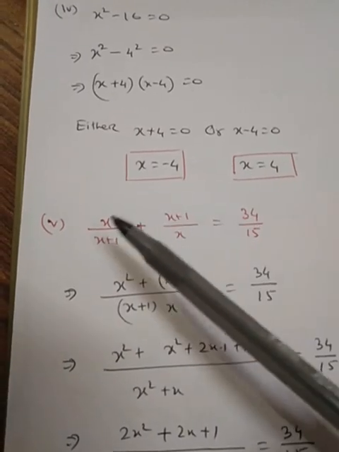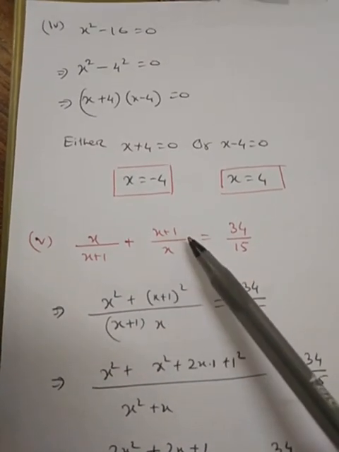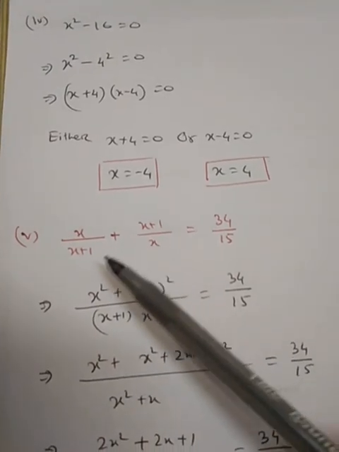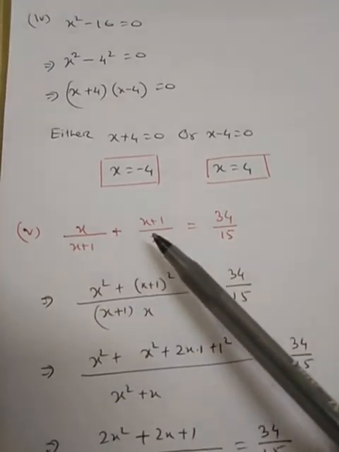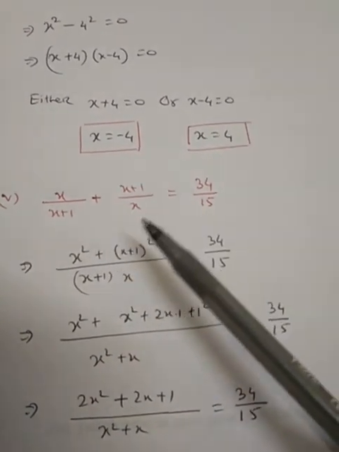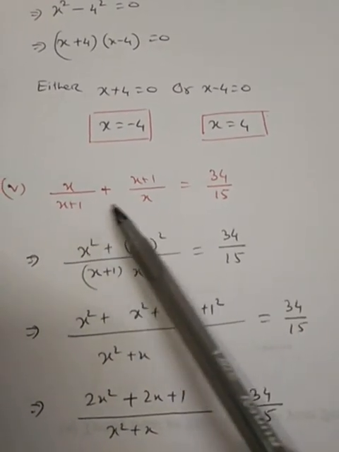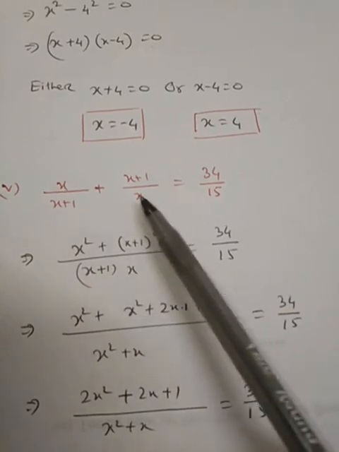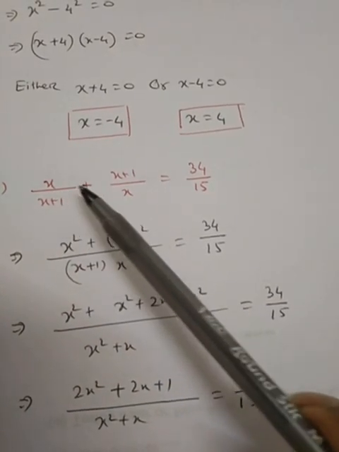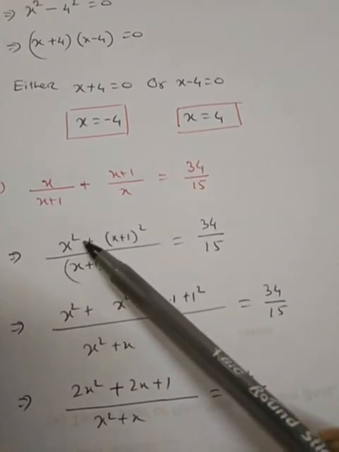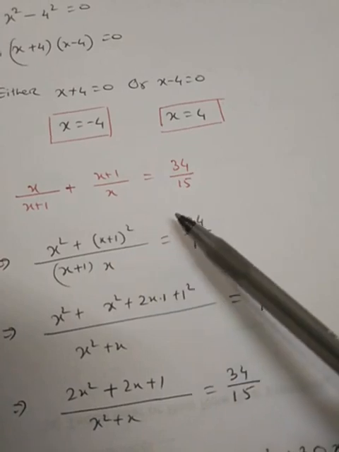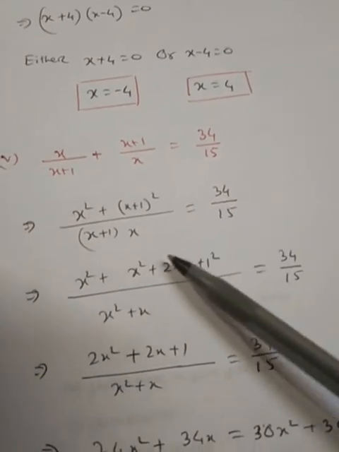Next equation is not simple. Here it is given in fractional form. So first of all, taking LCM and simplifying, we will have to convert to quadratic form. So for this we have taken LCM, (x + 1) into x, and then here x and x will be multiplied, x² plus x plus 1 into x plus 1, that is (x + 1)² equals 34 by 15.